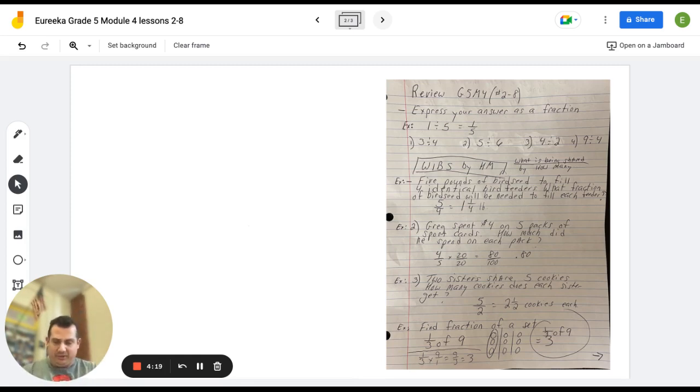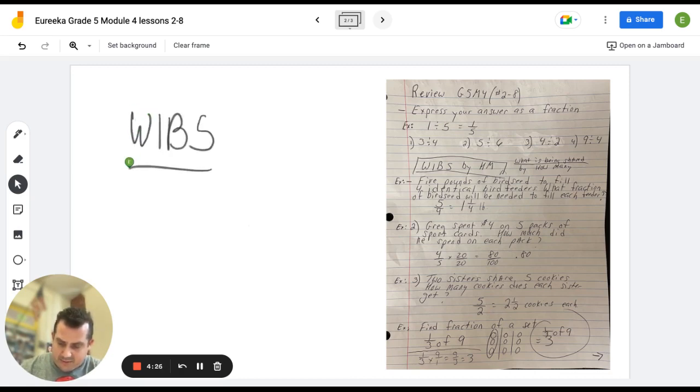So I'm going to ask myself, what is being shared here? Am I sharing the bird feeders or the birdseed? And don't always fall into the trap that the first number they give you is what is being shared and the second number is the by how many on the bottom. Don't fall into that.